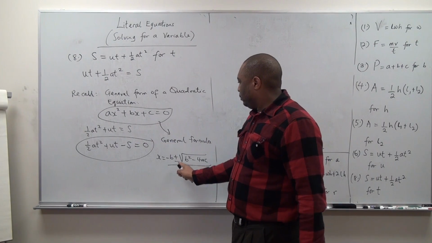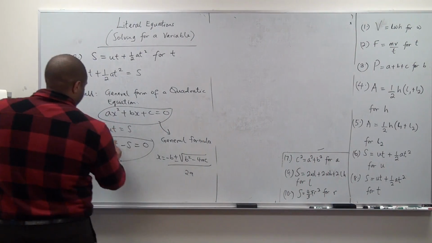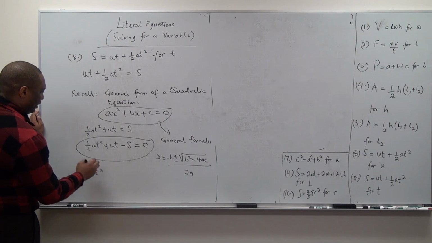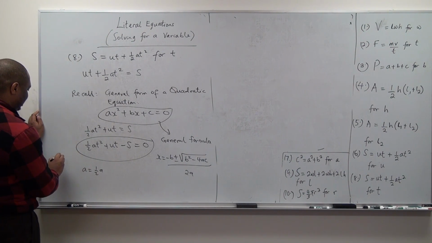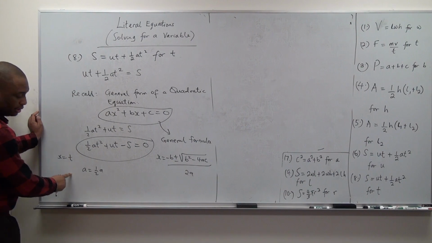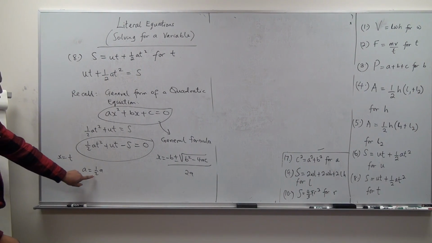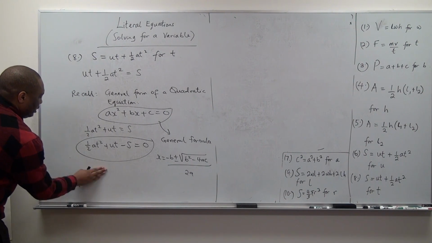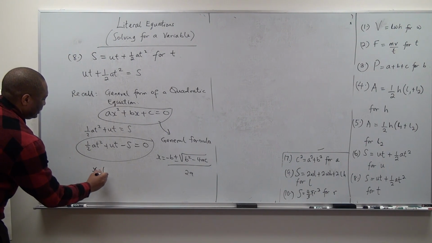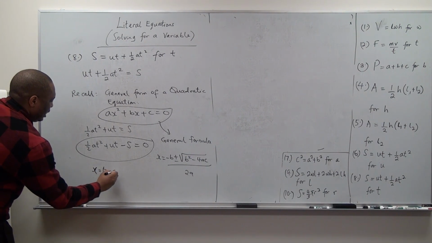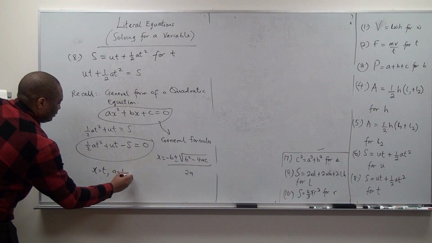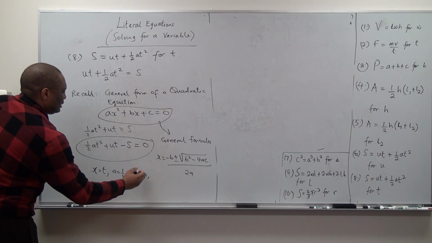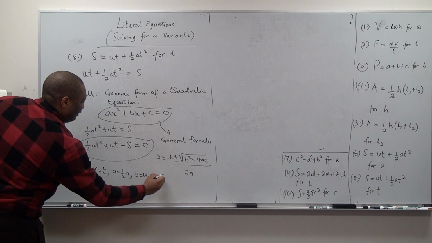If you compare this and this, your x will be t, your A will be 1/2 a, B will be u, and C will be negative s.